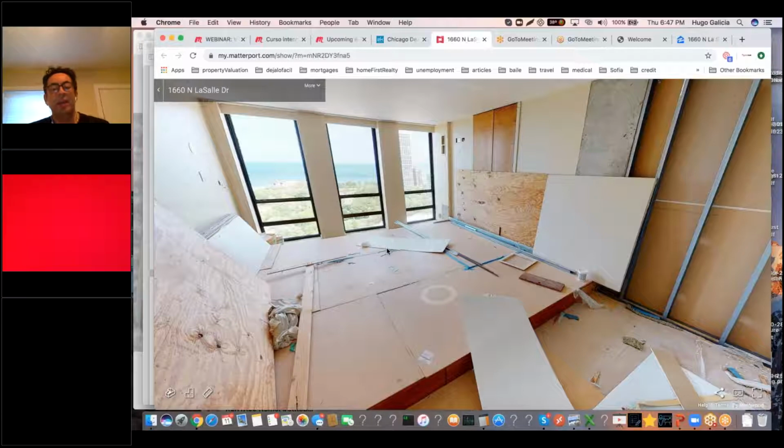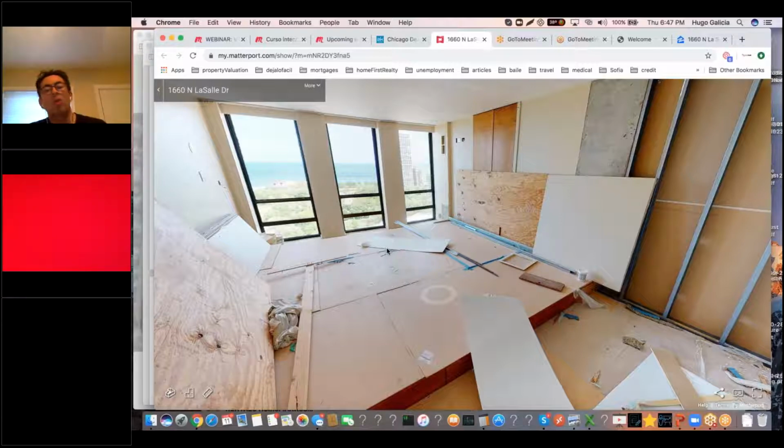And then we got it. Then we did a light rehab. Maybe we put in less than 10,000, and then we tried to rent the condo. Guess what? Association right away said, Hugo, you can't rent the condo. I said, that's impossible.